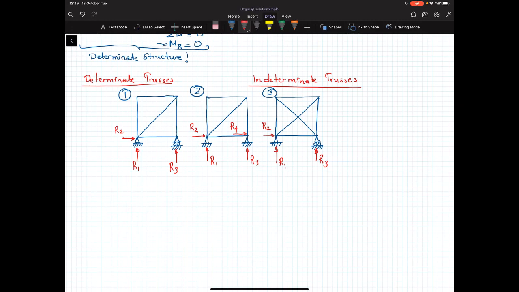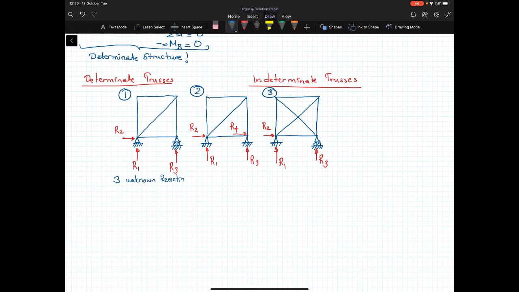So the first question that we are going to ask is, can we determine all the support reactions by using the equilibrium equations? So in the first case, I got two unknown reactions.